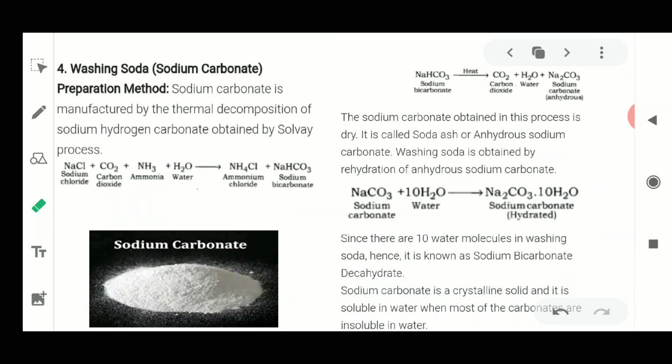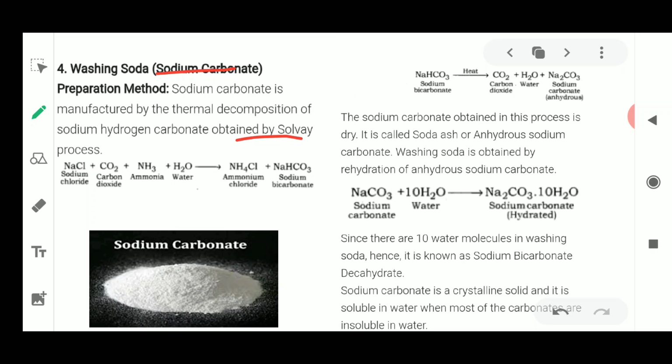Next we have to discuss washing soda, that is known as sodium carbonate. This sodium carbonate is manufactured by thermal decomposition of sodium hydrogen carbonate, which is obtained by the Solvay process.